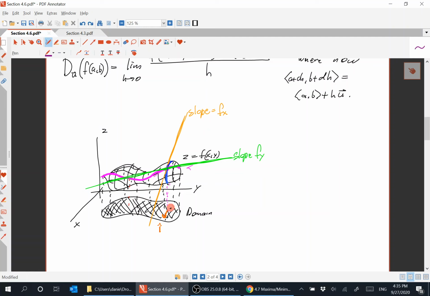And now we have the u direction. We're running out of colors here, so make this icy blue. So now u is in this direction here, say.